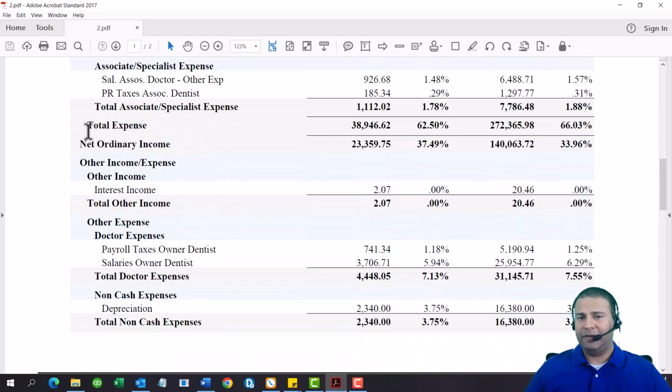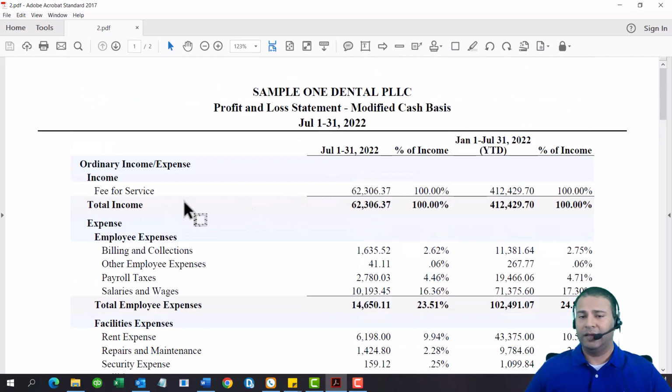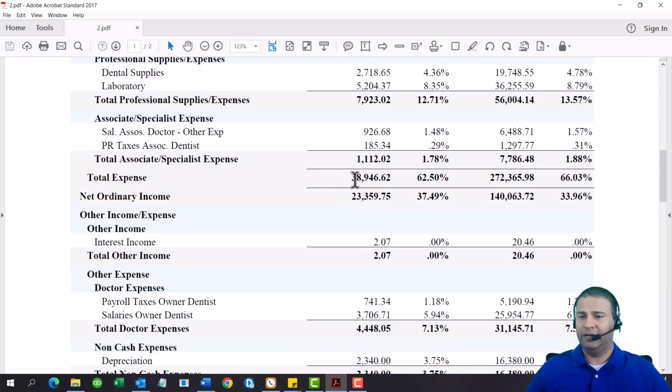And at the bottom here, you will notice the total expenses. So all the groups we've discussed so far are totaled up and shown in this line over here. And the net ordinary income is the total income minus the total expenses.